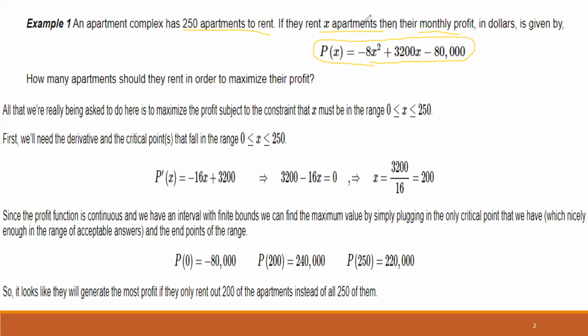So this is the profit function. They want to know how many apartments they should rent in order to maximize profit.